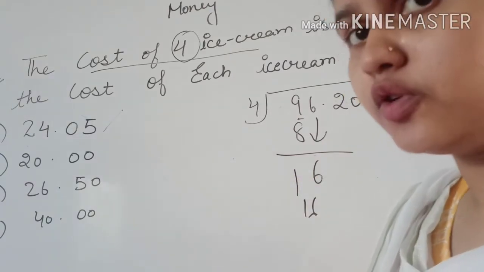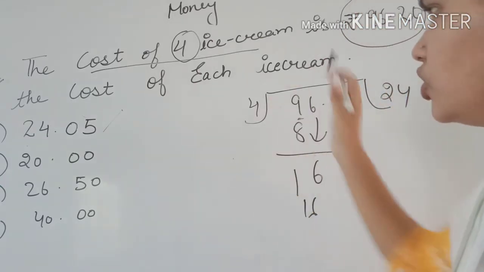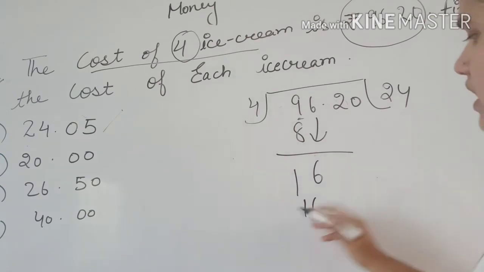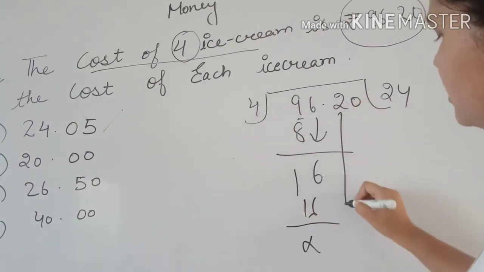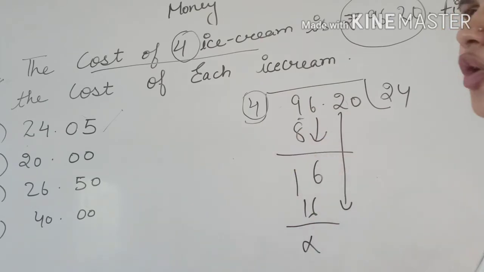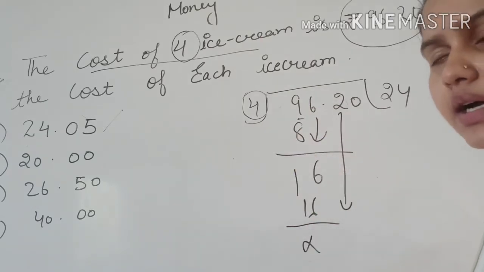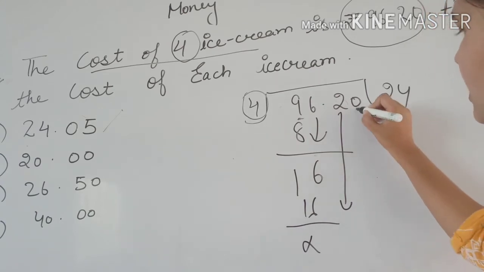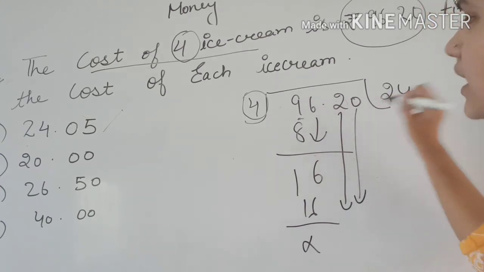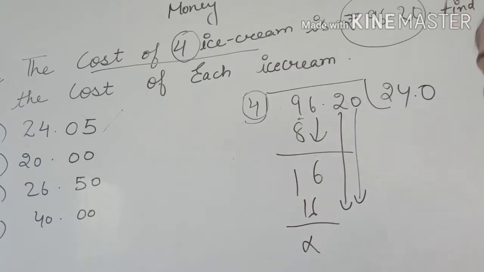Yes, there is 2405. And if you want to confirm your answer, you have to prove your answer, so you can do your explanation. Here will be 16 off, and we will take 2. Now on the table of 4, 4 ones are 4. There is no possibility we can take 2 as dividend, right? So we will take another number, but when we take another number, we have to take a 0.